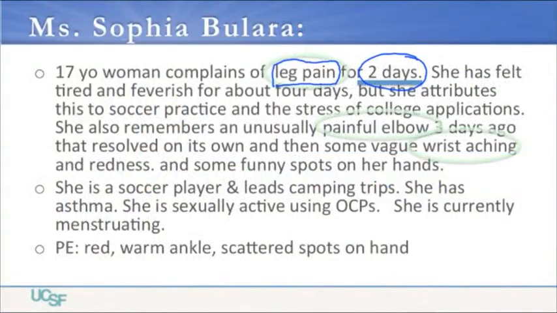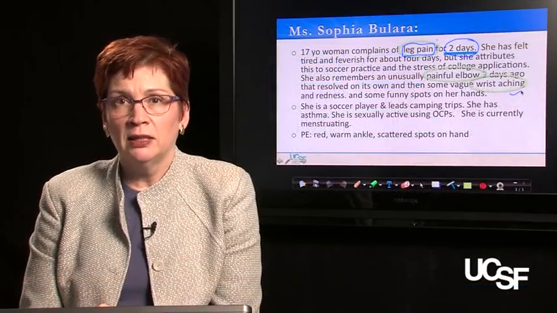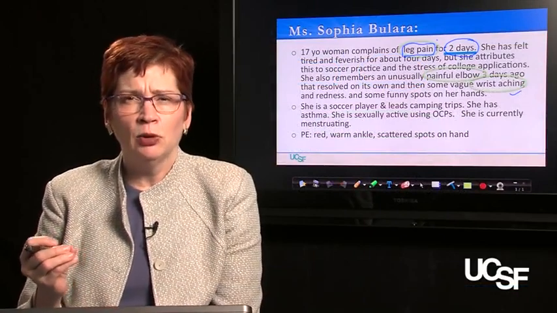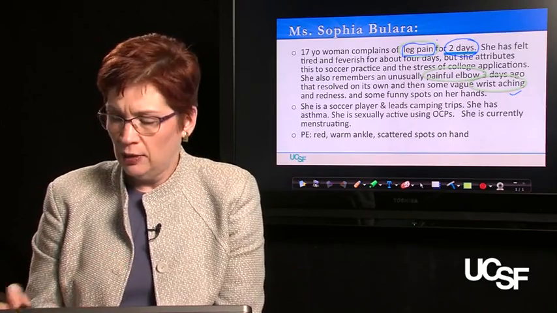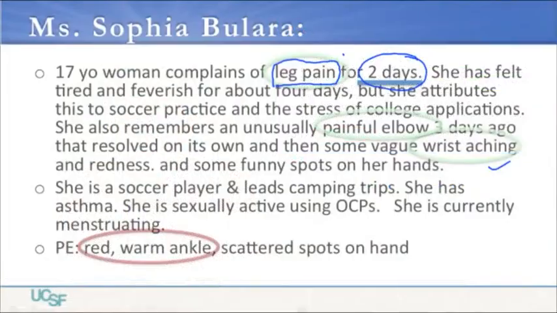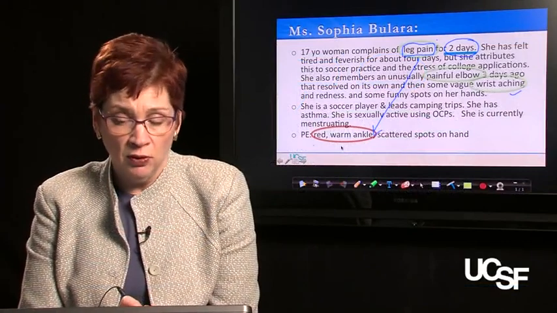She said she's felt tired and feverish, but most importantly, she's had this painful elbow, this leg pain, and this wrist aching. So I'm curious about that because it's 3 types of limb-related phenomena, and I'm going to want to know what kind of limb-related phenomena. So I look a little bit further and find out that this left ankle pain is not just generic leg pain. In fact, there's evidence of inflammation, redness, warmth, and as we talked about earlier, pain on movement.